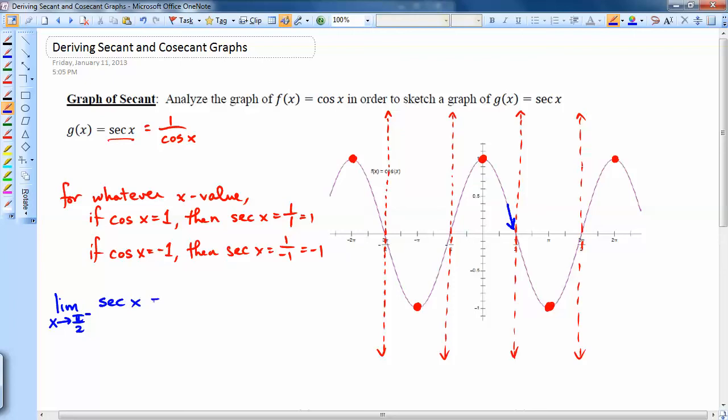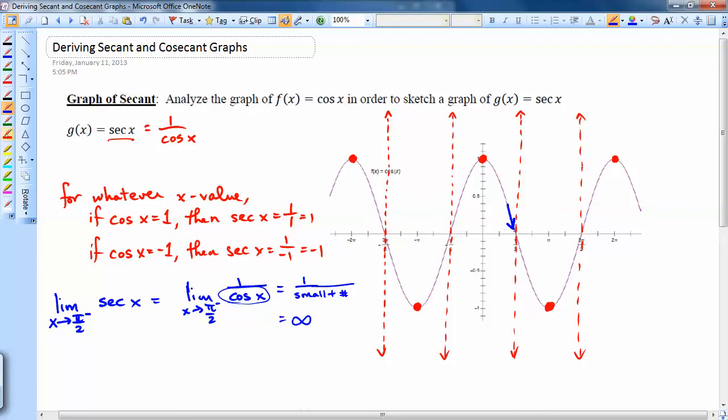That's the limit as x goes to pi over 2 from the left of 1 over cosine x. Now if I look at cosine x when I get real close to pi over 2 on the left side, it's really close to 0, but it's positive. So this is like 1 over a really small positive number, which is basically infinity.